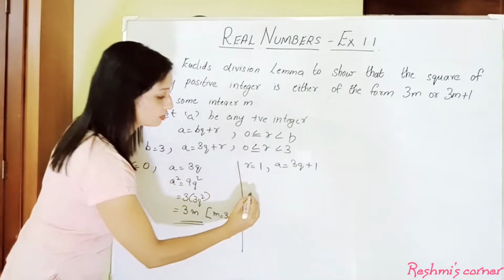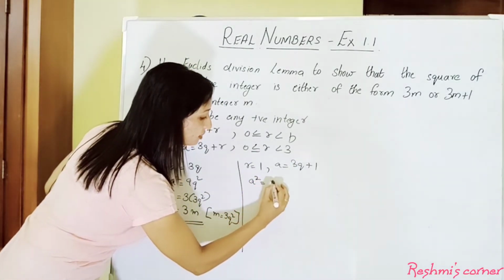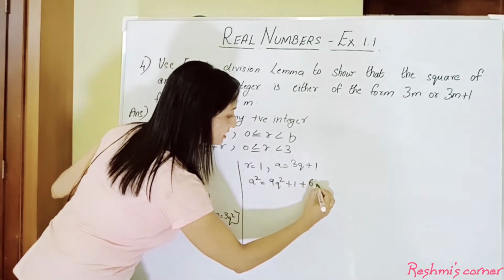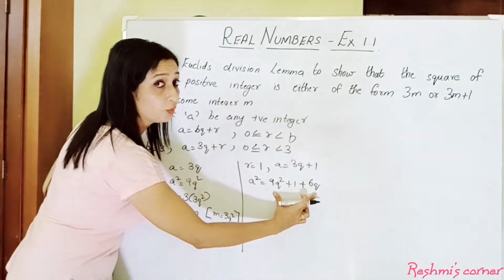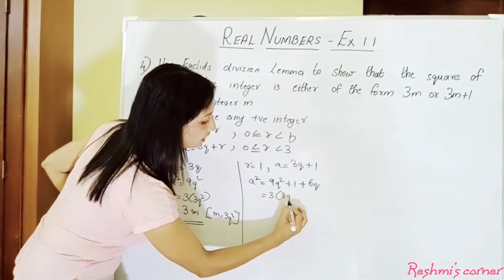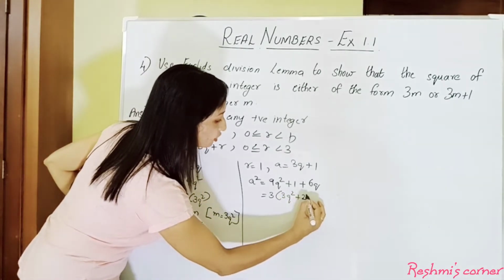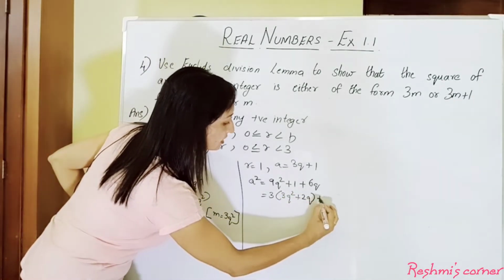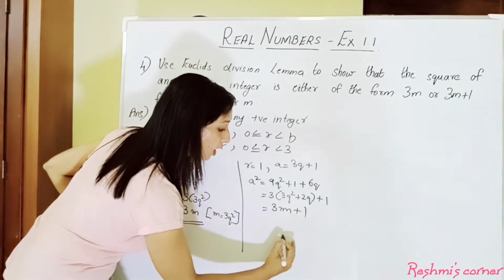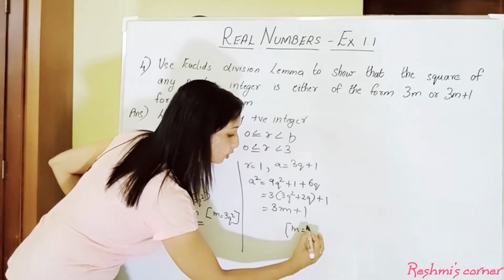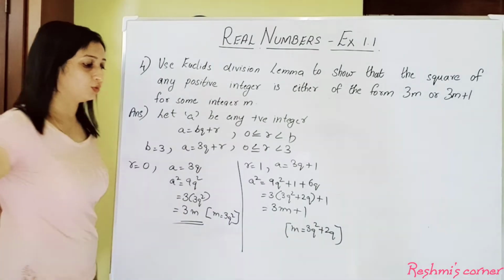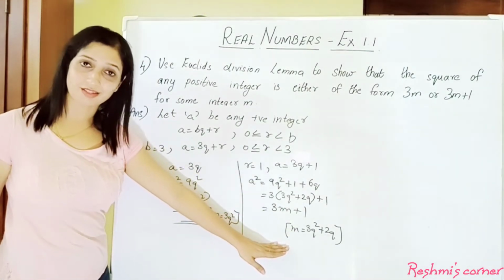Now squaring both sides, you get a square is equal to 9q square plus 1 plus 6q. Now from here, we can take 3 common. So what happens? 3 into 3q square plus 2q plus 1, which can be written as 3m plus 1, where m is equal to 3q square plus 2q. So this was case 2 when r is equal to 1.